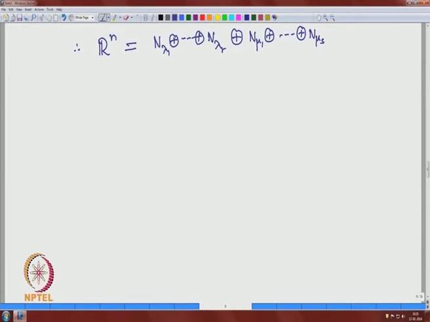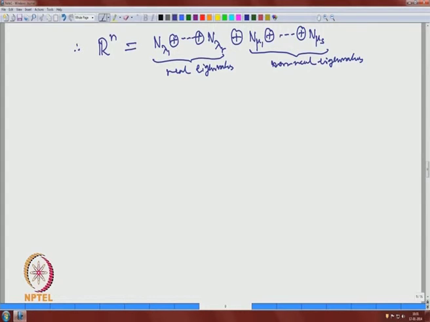I am not writing mu 1 bar up to mu s bar because they are already included here. So, these correspond to real eigenvalues and this corresponds to non-real eigenvalues. Okay.